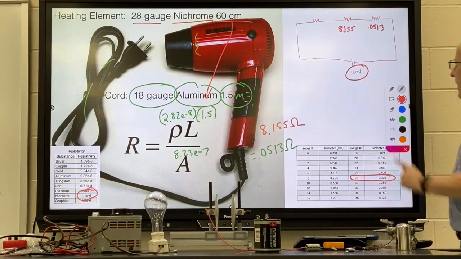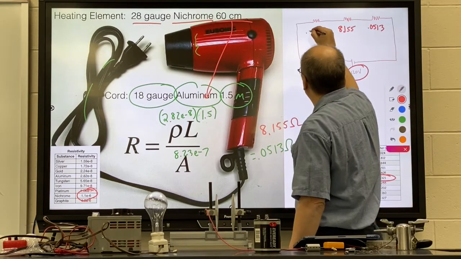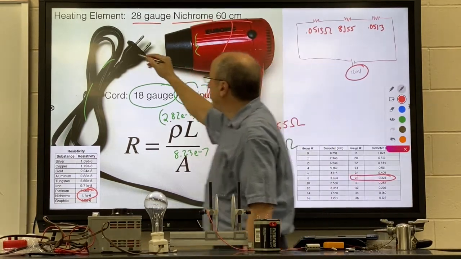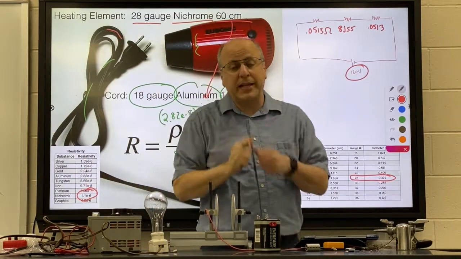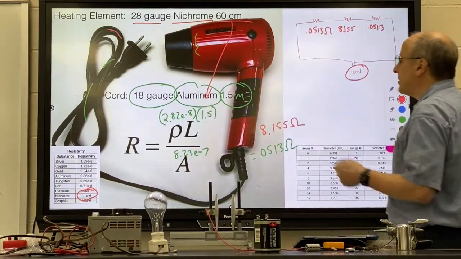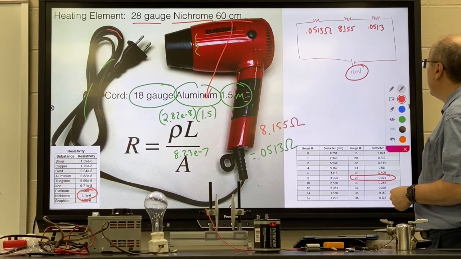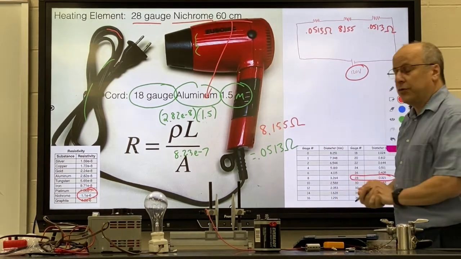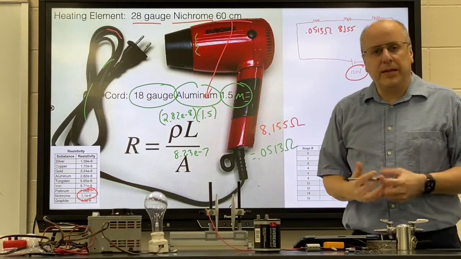8.155. And then we have another wire. Even though it looks like just one wire, these are actually two wires that are joined together to carry the electricity back to the outlet. So we have two aluminum wires, one nichrome wire. How do we deal with this?